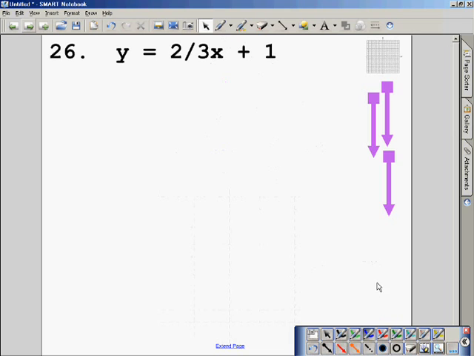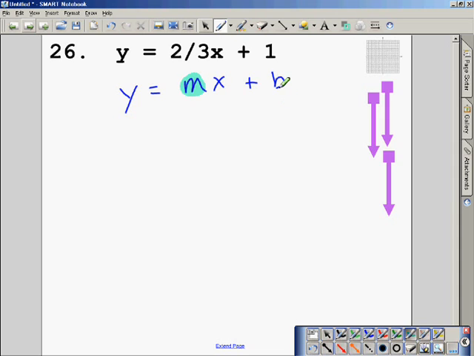When we take a look at 26, of the 3 forms of a linear equation I had you write down today, we have y is equal to mx plus b. Now, that equation is useful because you should know by now that the m is the slope.